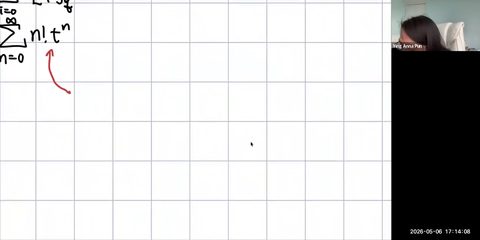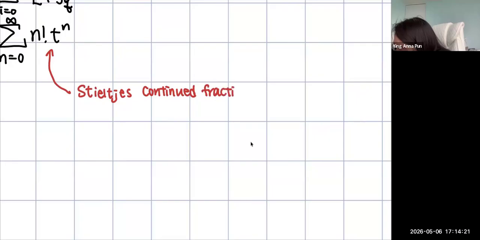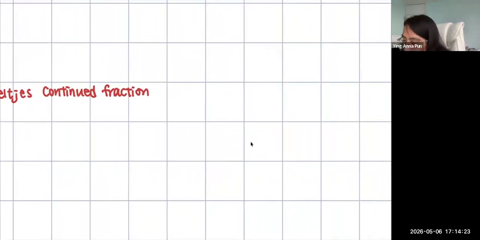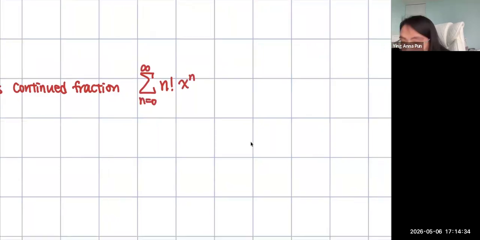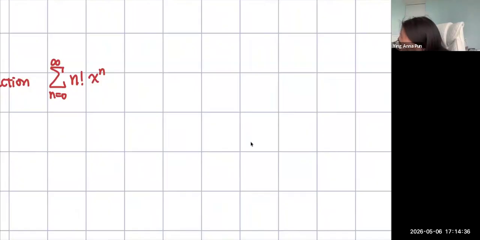I don't know how to pronounce it, but that's the name of the continued fraction. Okay, so what does that look like? So it says that the sum of n factorial t to the n, I'll use t.